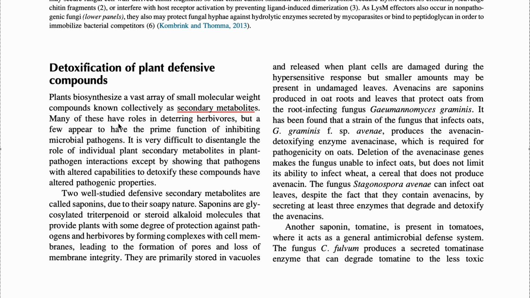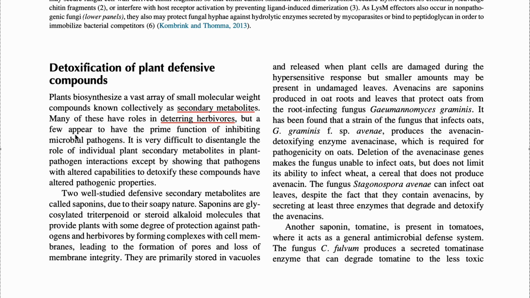Now, many of these have roles in deterring herbivores. How does deterring herbivores help in the defense mechanism? Because herbivores are one of the vectors responsible for transmitting a virus or any other pathogen, right? So, if the secondary metabolites can deter, meaning stop, the herbivores, the insects, then the mode of transmission gets stopped, so there will be no way for the virus to enter the plant cell, okay?